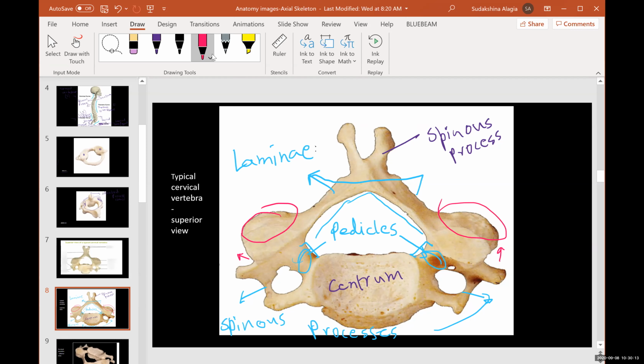Because it projects up from the level of the centrum or the pedicles, these two are referred to as superior articular processes. Again, individual process, plural processes.